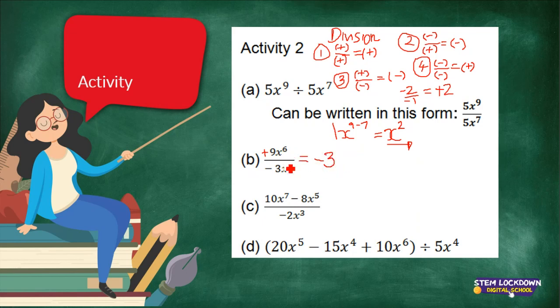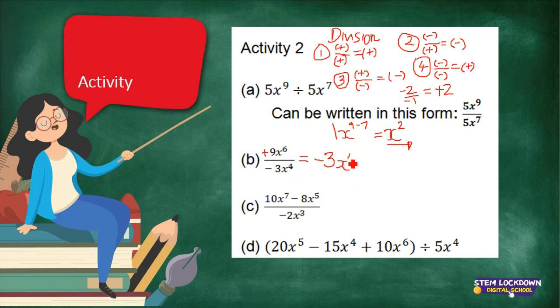Now let's look at your x's, right? x to the power 6 divided by x to the power 4. According to the rule, what must you do to the powers? Learners, you must subtract. If you're dividing the same base, the base must be the same, and the powers can be subtracted.